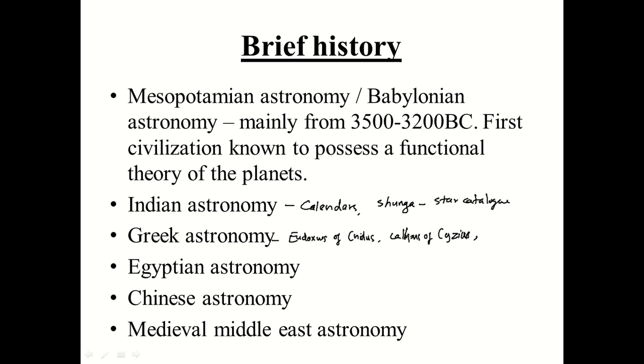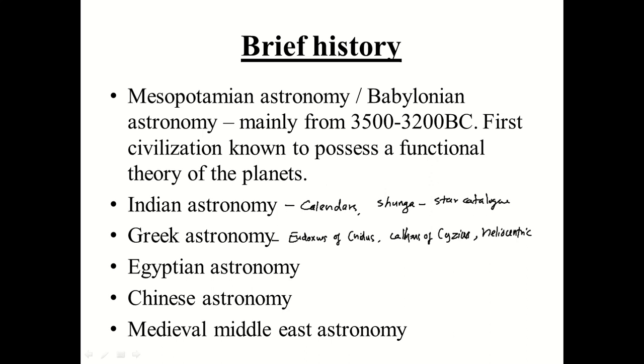Before that, it was believed that everything rotates or revolves around the earth. Earth was assumed to be the center. The geocentric system was there. But in the 3rd century BC, Aristarchus first suggested a heliocentric system, where everything is revolving round the sun.